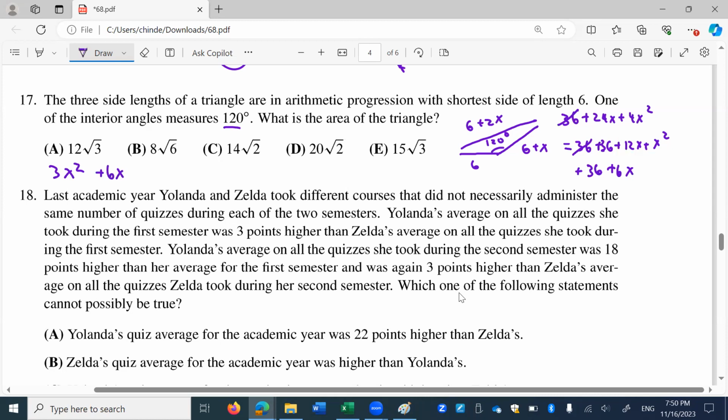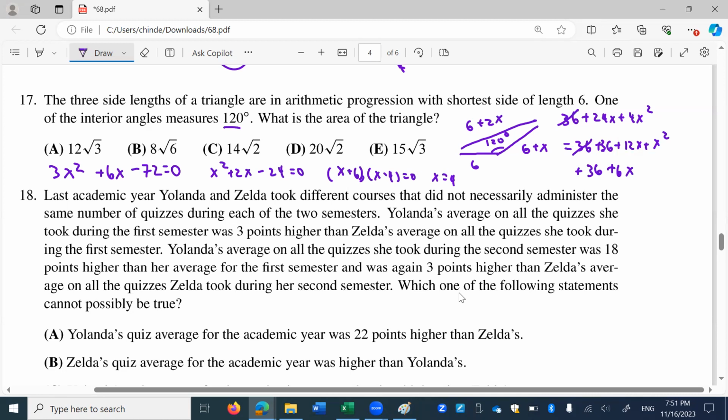And then we have 72 left over, so minus 72 equals 0. Let's knock out a 3. So we have x squared plus 2x minus 24 equals 0. That factors nicely with 6 and 4. So x plus 6 times x minus 4 equals 0. x is positive because 6 was the smallest length, so x equals 4.